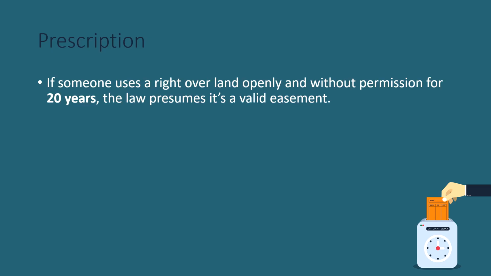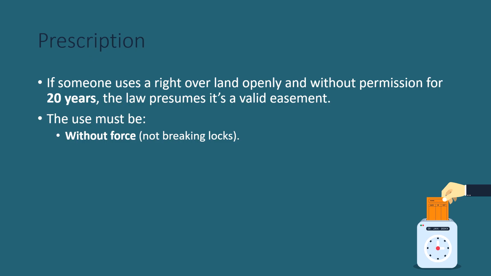So it arises if someone uses a right over land really openly for 20 years and there's never been any issue, there's never been any dispute, the landowner never took any steps to prevent this. So the law then says, well, if you haven't done anything about it for 20 years, then we will now protect it as an easement.